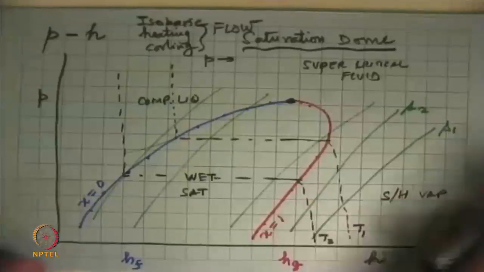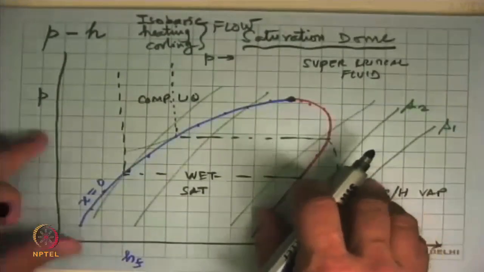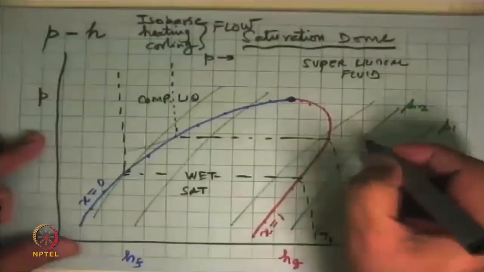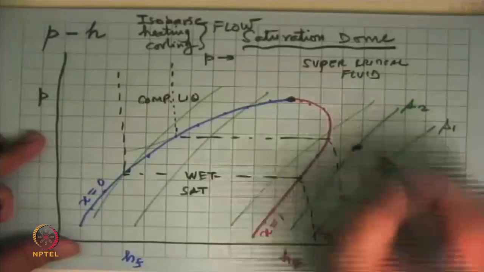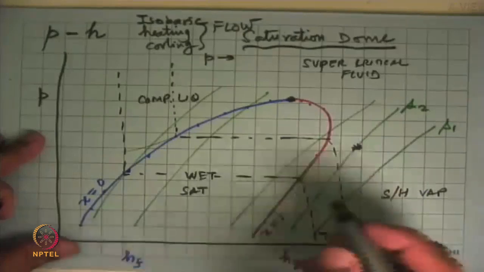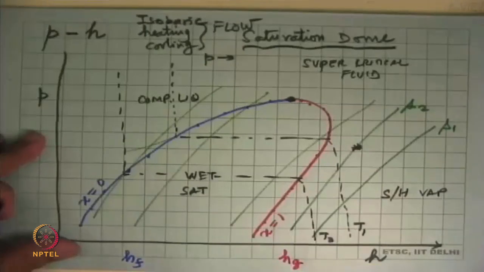So let's ask the question, what happens in the condenser of your air conditioner? Well, we start with a superheated state, say somewhere there, which is what we got after the compressor. And then we put it into a set of tubes on which we blow ambient air.